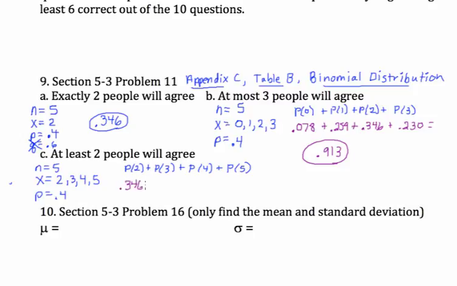That's what we did in part A. And then X equals 3, plus x equals 4, plus x equals 5. And we add those together. That's the probability that at least 2 people or 2 or more will agree.